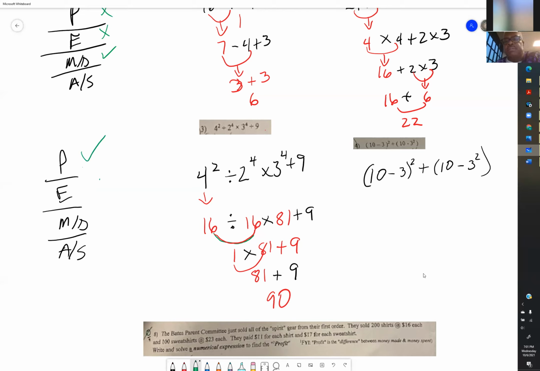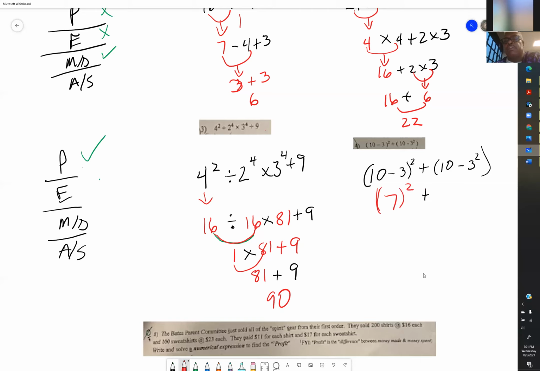So this parenthesis has 10 minus 3, so inside the parentheses, it changes to 7, because 10 minus 3 is 7. We don't need the parentheses, but for continuity, I put those down there. 7 squared. Bring down the rest, and we do this other parenthesis.